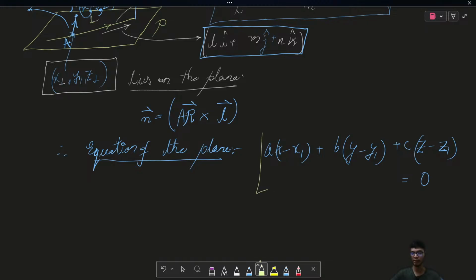So this will be the final formulation of the equation of the plane.